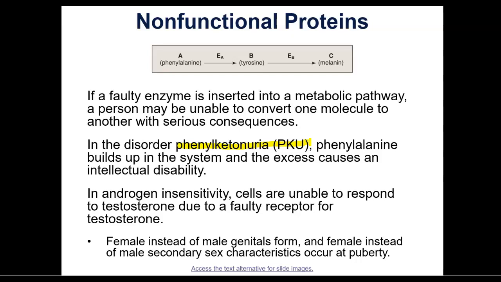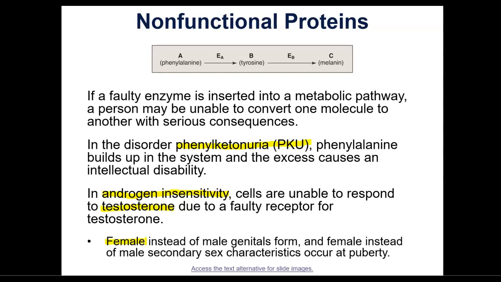Another example is androgen insensitivity. That is when cells are unable to respond to testosterone. So a person who is chromosomally male, who has the XY sex chromosomes, so their chromosomes say that they are male, will actually develop into a female because of the fact that their cells are insensitive to testosterone.